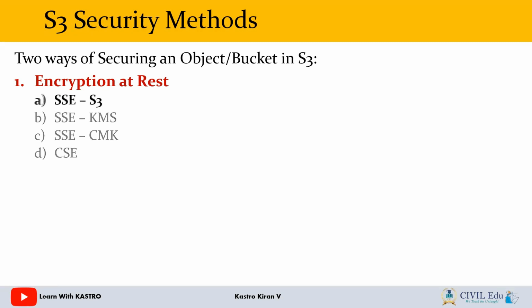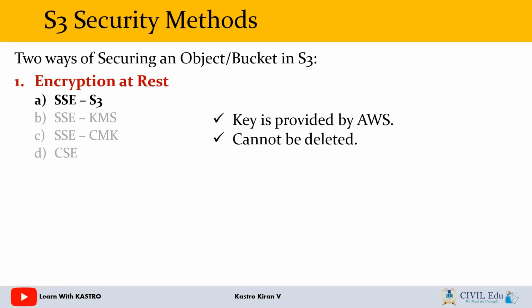By default, whenever you are creating a bucket, you will have SSE S3 as the default encryption key. And this SSE S3 key is provided by AWS itself, and we don't have any kind of permissions to create the key or to delete the key, or we cannot do any kind of activity with the key that is created by AWS.